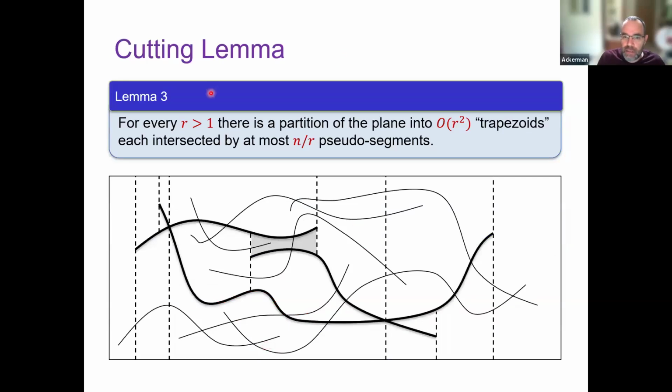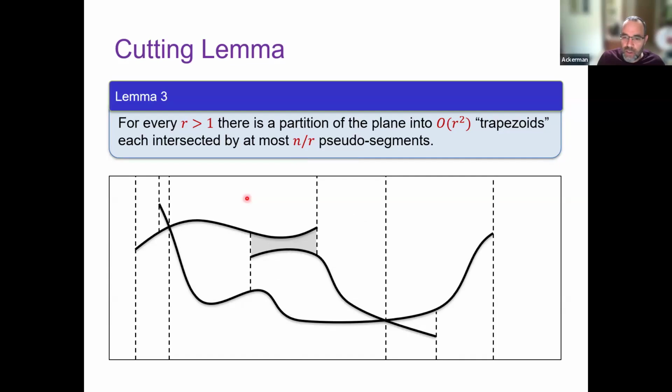And the last ingredient is the cutting lemma. You probably know it for lines, but it also works for x-monotone pseudo segments. We can choose a subset of the segments such that they define a partition of the plane into trapezoids.